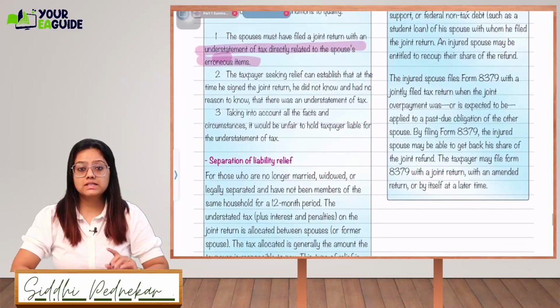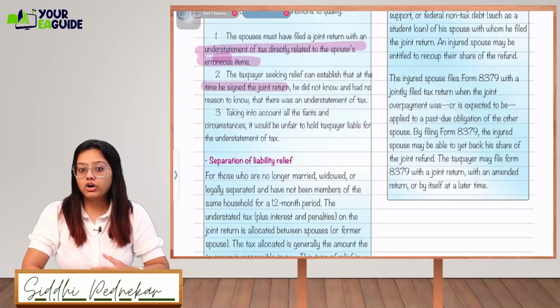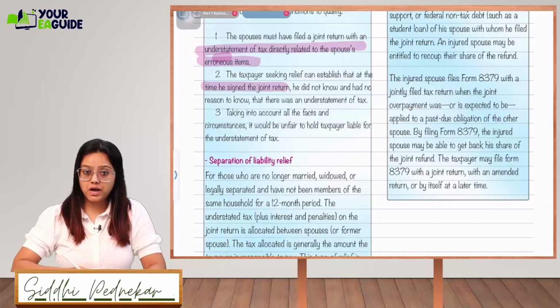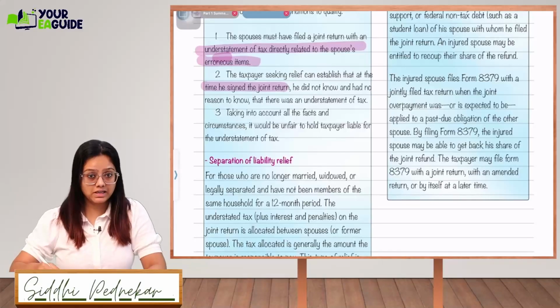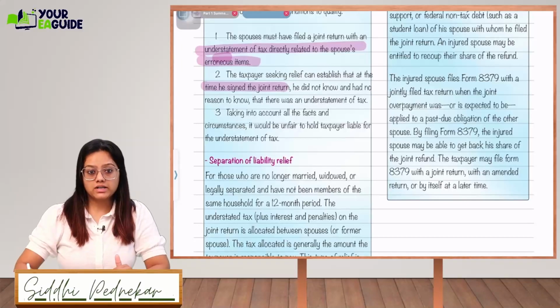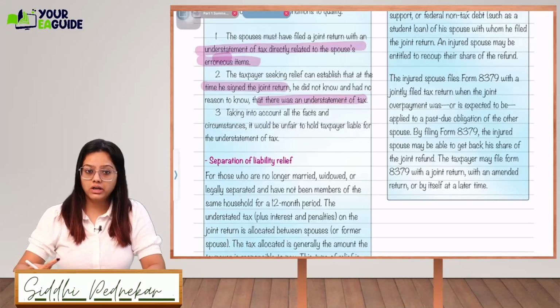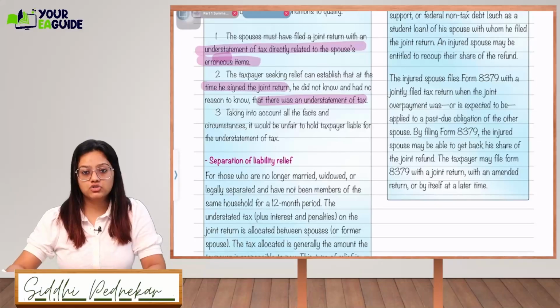Okay, next is the taxpayer seeking relief can establish that at the time he signed the joint return, he did not know about all those errors. So the spouse will have to mention that in the form and agree that at the time of signing the return, she was not aware of all these things. Then there was an understatement of tax. At that time she was not aware of it, and she just signed the return to file a joint return.